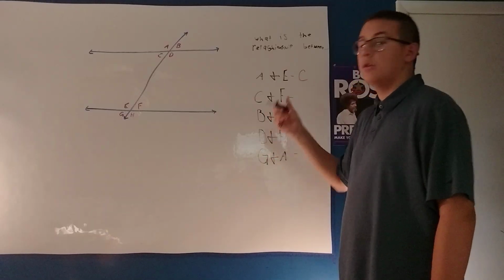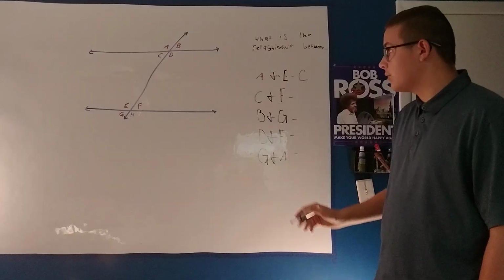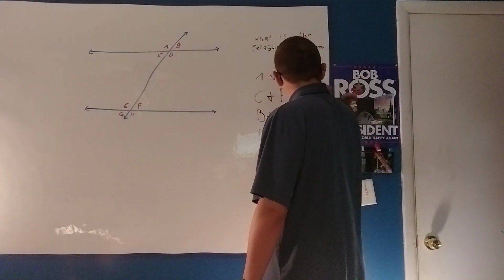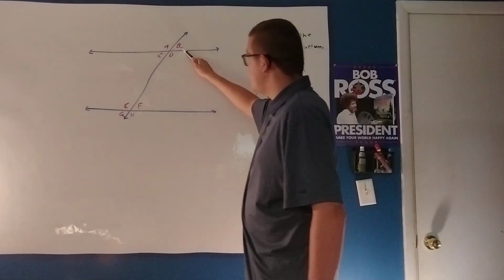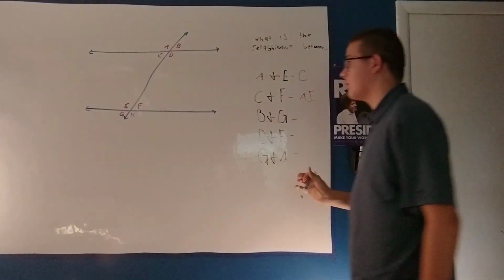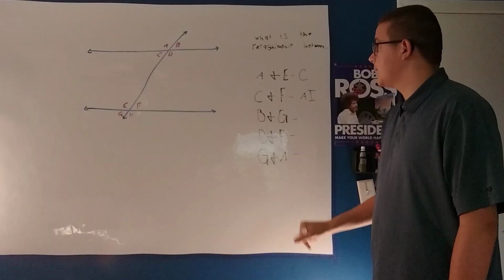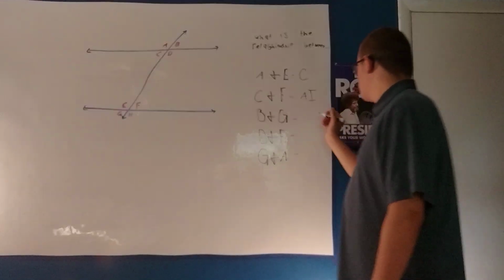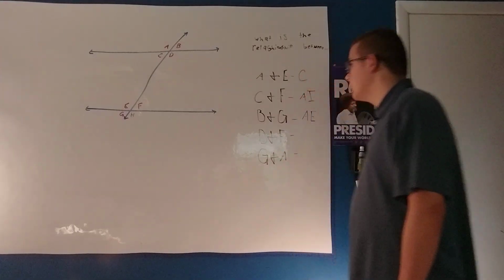They're both acute, so they're congruent, and they're inside, so that's going to be alternate interior. B and G. So here's B and here's G. So they're on opposite sides of the transversal, and they're on the outside of the parallel lines. So that is alternate exterior.